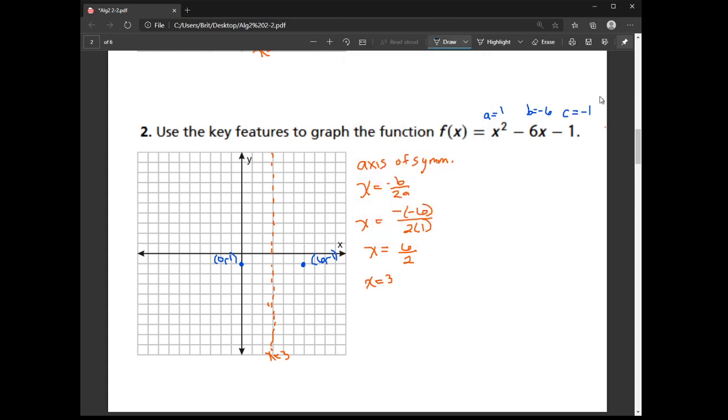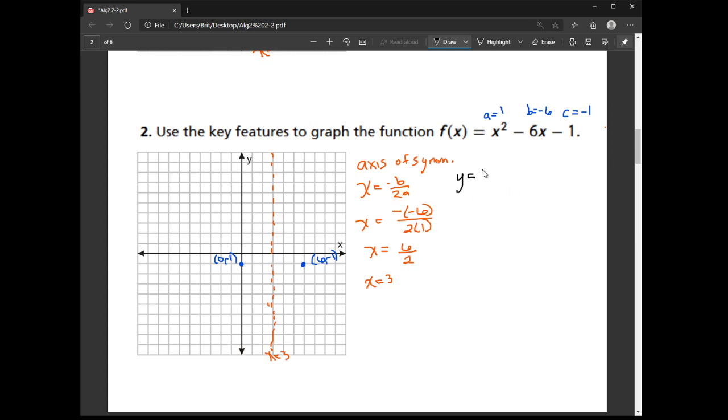So then we need our vertex. Alright, our vertex lies on this axis of symmetry somewhere. My A is positive, so I know my vertex has to be below these points because it has to open upwards.